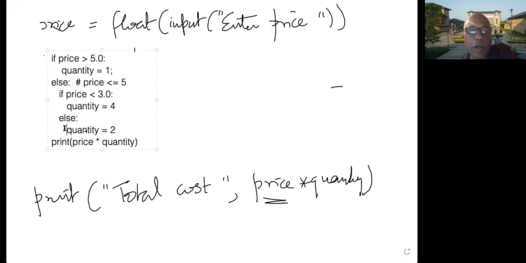Okay. And when would you come here? When would you set quantity to 2?